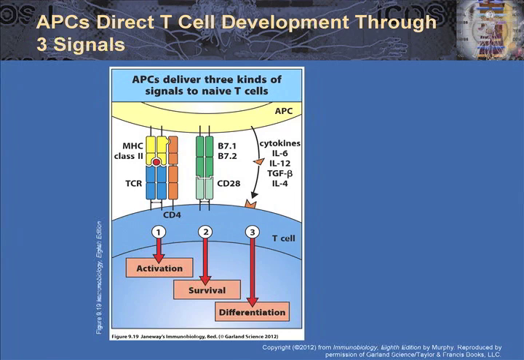Now, when we talk about T cell subset differentiation, we invoke signal 3. Signal 3 is a soluble signal that's delivered to the T cell via cytokines that are made by antigen-presenting cells and other cells as well. Before I tell you about the signal that specifically directs differentiation of Th17 development, let's review what you heard from Dr. Calabrese.